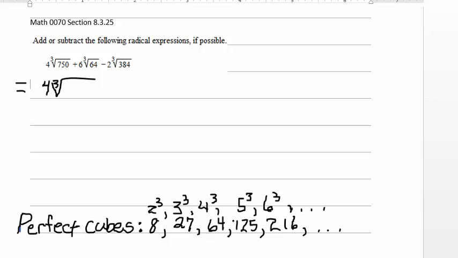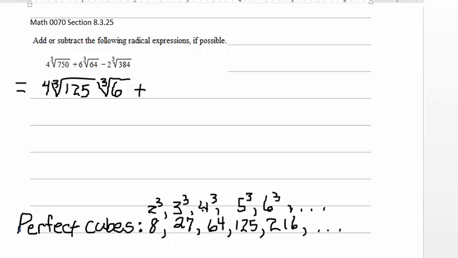And it turns out 125 divides into 750 6 times. So I write cube root of 750 as cube root of 125 times the cube root of 6.